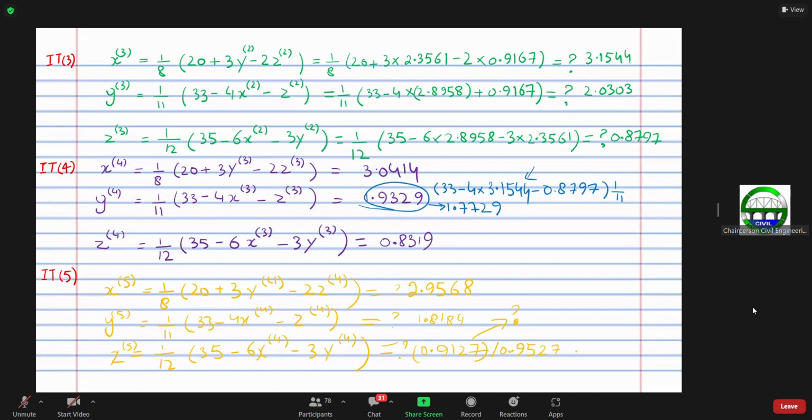Y4 shouldn't be minus the z. I think for the question the answer should be on the positive side. Okay, so y4 should be plus z3.